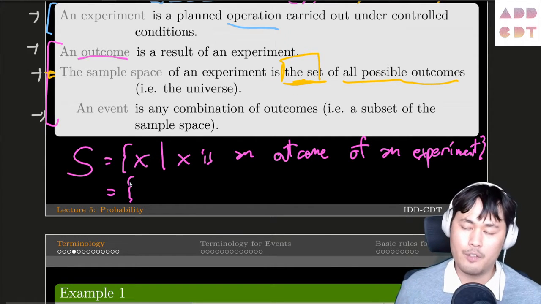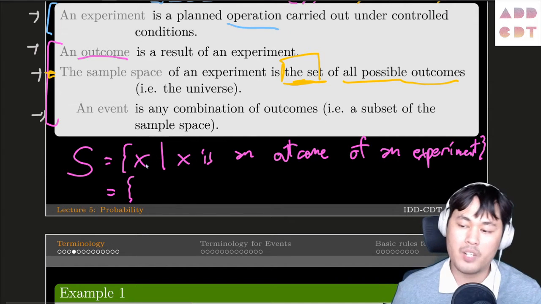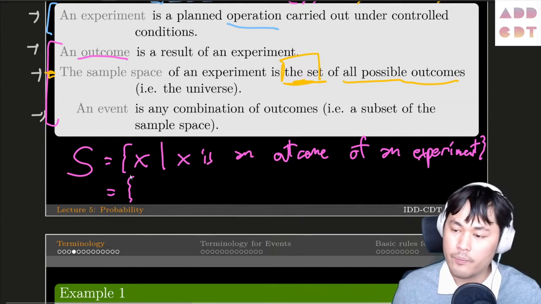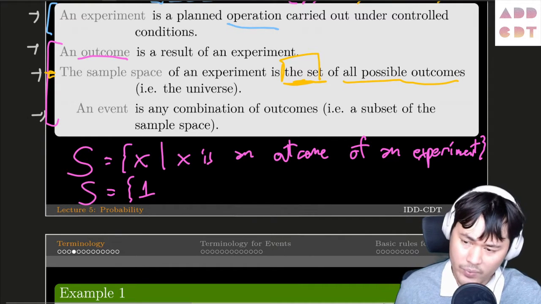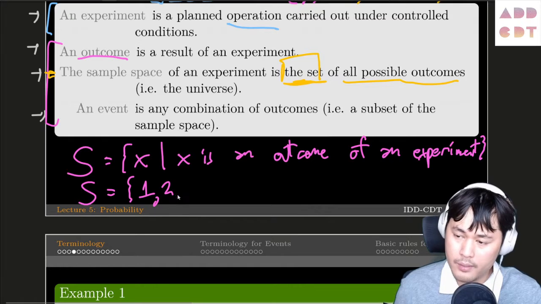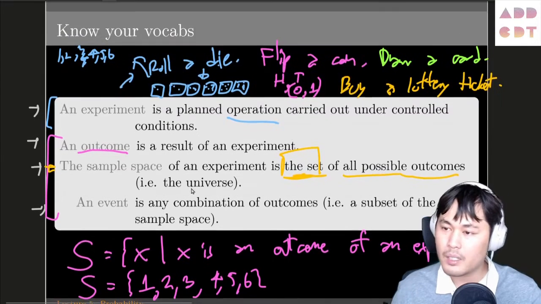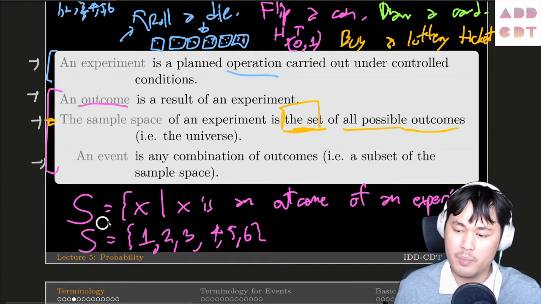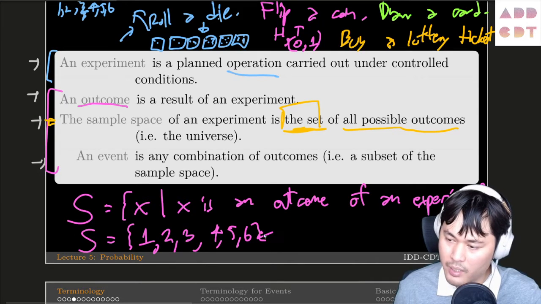And usually, if there are not too many outcomes, we would just write the elements explicitly. For example, if you roll a die, the sample space is a set of these numbers. Like this is the sample space of rolling a die, and that should be blue. Let's see if you can change the color.